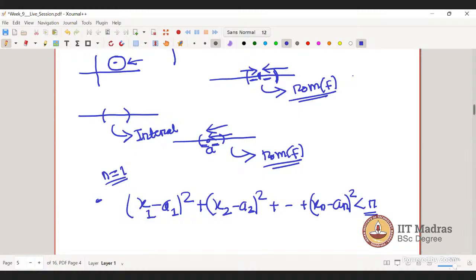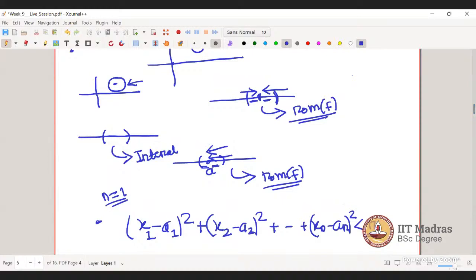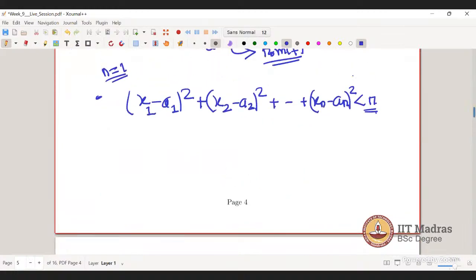What is a? a is the center point of that open ball. In R2 you will have only the first two terms, so a1, a2 is a point in R2.